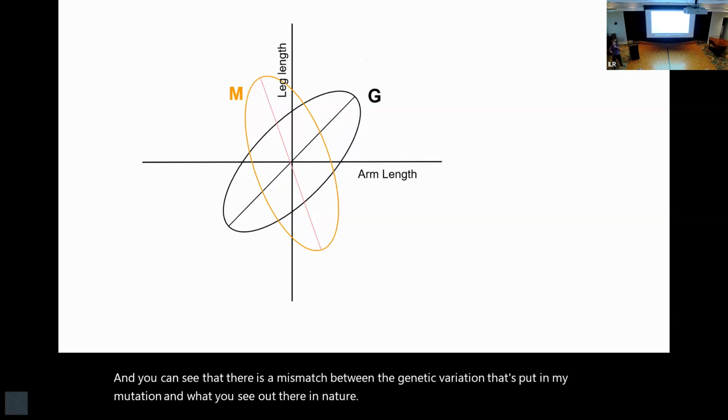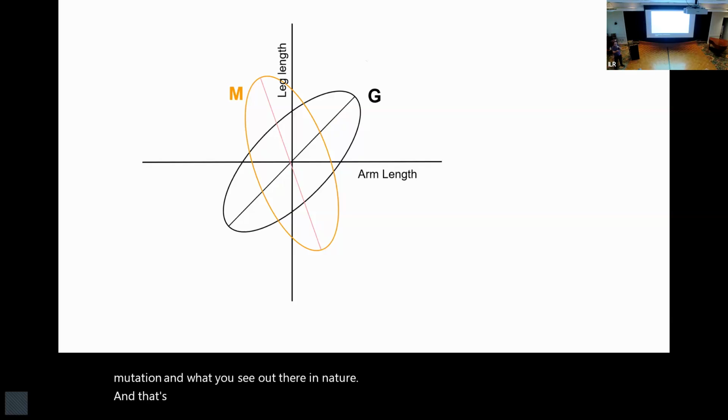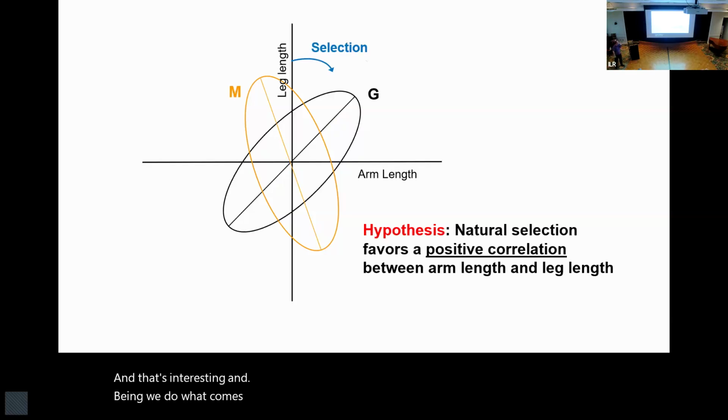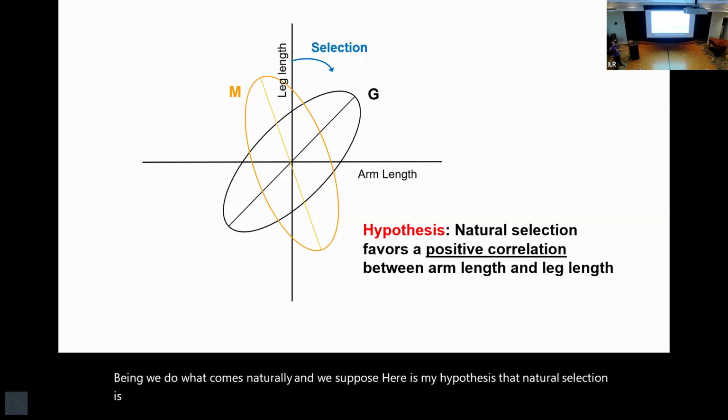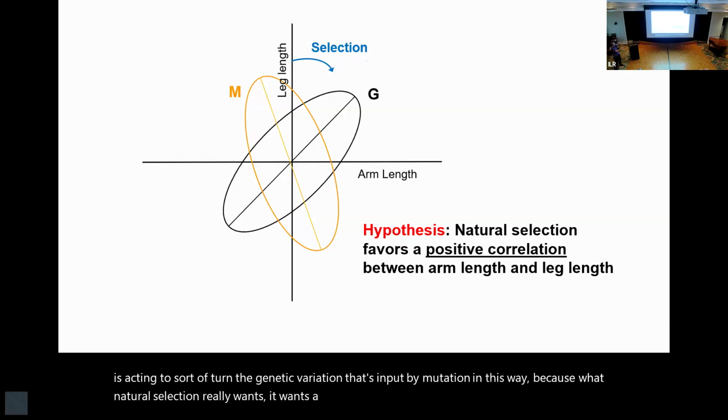And that's interesting. We do what comes naturally, and here is my hypothesis: natural selection is acting to turn the genetic variation input by mutation in this way, because what natural selection really wants is a positive correlation between arm length and leg length.